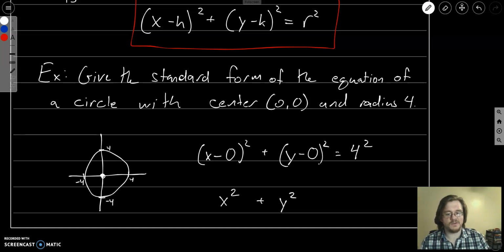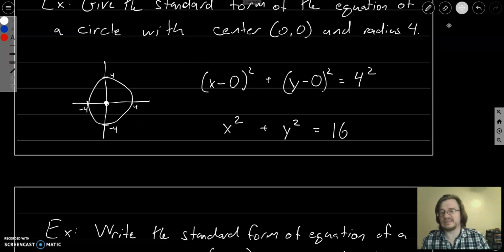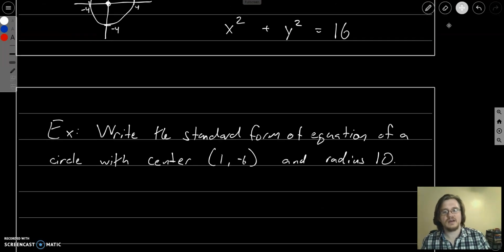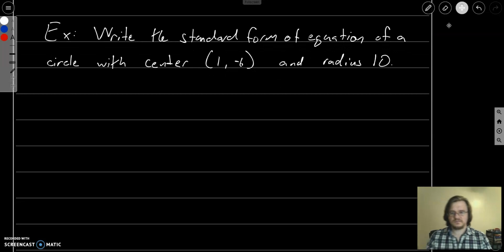And lastly, 4 squared is 16. If we were to simplify everything, I would write down 16. Sometimes it's helpful to write down 4 squared because we know that this is going to be the radius squared, although this is as simple as we can make it. Let's do one more example.